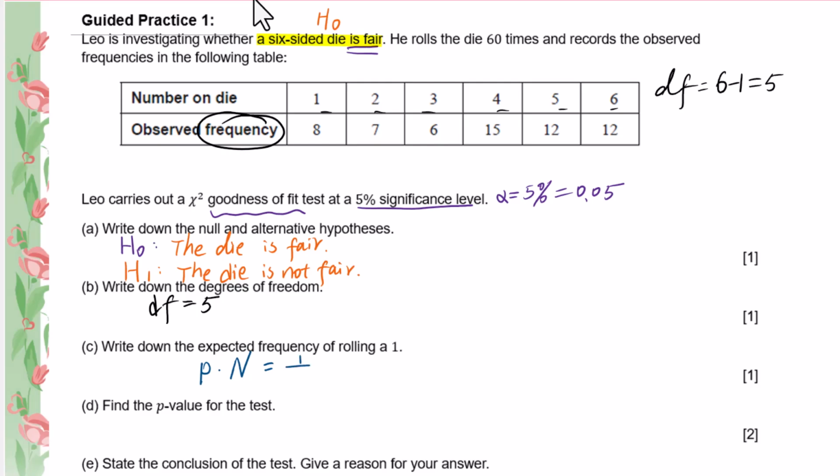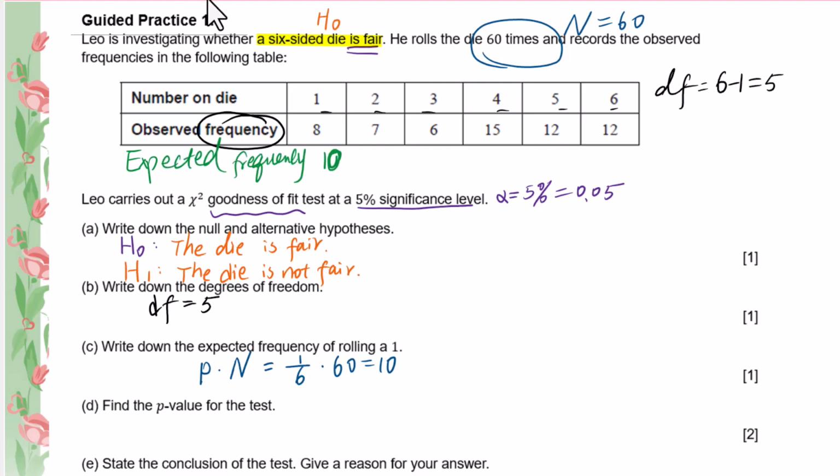Probability is 1 over 6 times the number of trials, n equals 60, equals 10. Since the die is fair, every single number has the same expected frequency.